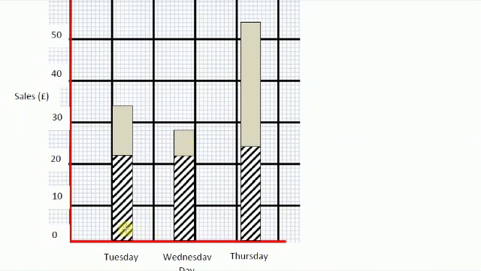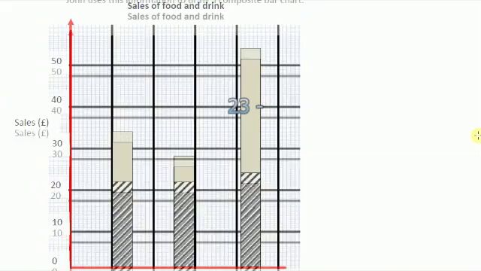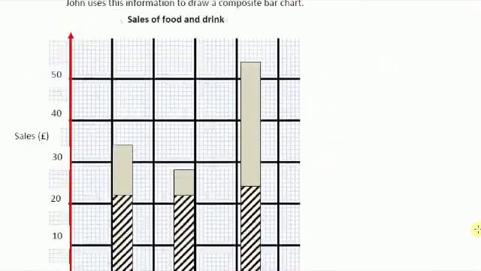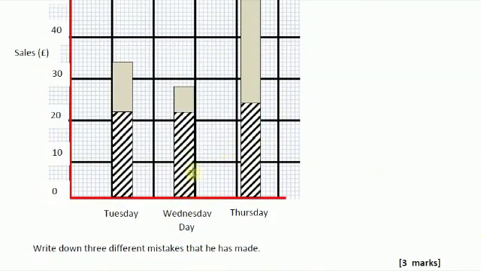22 for food, yep. And then 12 more makes 34 in total. That's correct, good. Second one should be 22 for food and 28 for drink. So the first bar is 22, but then 28 for the drink should take him up to 50. So we should have a bar going up all the way to 50.